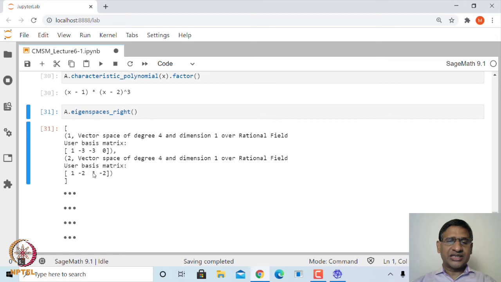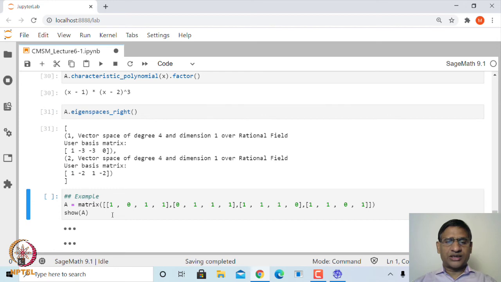The dimension of the eigenspace with respect to the corresponding eigenvalue is known as geometric multiplicity. Here, the algebraic multiplicity of eigenvalue 1 is 1 and its geometric multiplicity is also 1, whereas for eigenvalue 2 the algebraic multiplicity is 3 and the geometric multiplicity is 1. So, algebraic and geometric multiplicity of eigenvalue 2 are not the same. However, in some cases they may be the same, as we saw earlier.